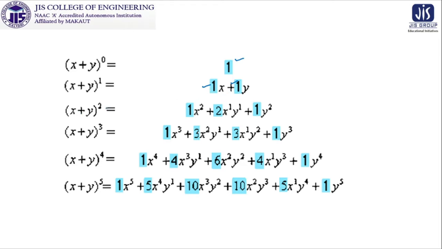After that, if we increment the power, (x plus y) whole square is x square plus 2xy plus y square, and if you concentrate on the coefficients, we are getting 1, 2, 1. In this manner, when we go in this direction, the coefficients are 1 3 3 1, then 1 4 6 4 1, then 1 5 10 10 5 1.